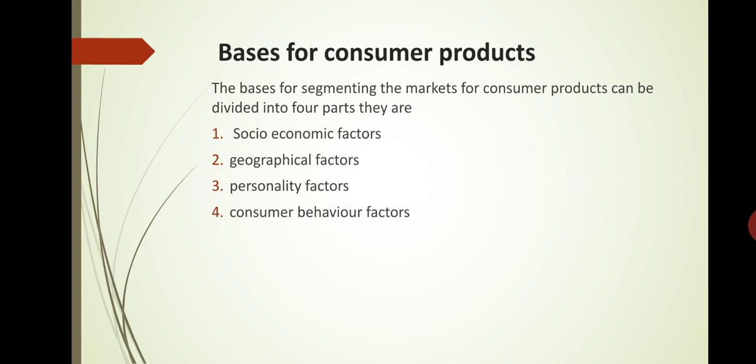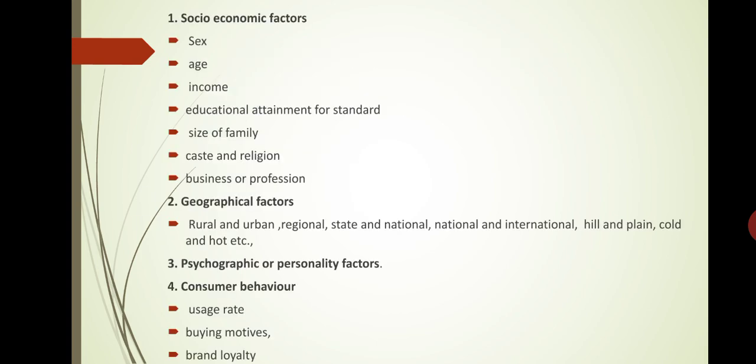Let us go through one by one. First one, socio-economic factors. The most common way of segmenting the market for consumer products is on the basis of socio-economic factors. The various socio-economic factors are taken into account for segmenting the market for consumer products. So here, according to the socio-economic factors, the total market is divided into some sub segments.